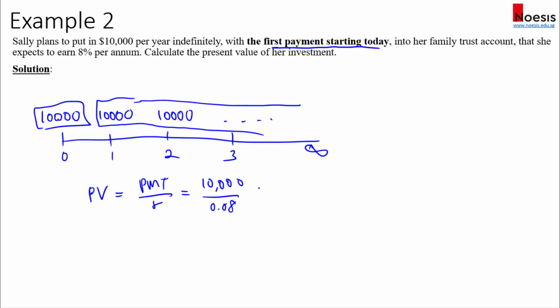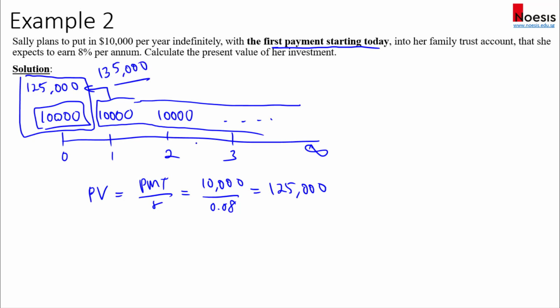If I apply this again, I'll get 125,000, and this PV will be at time 0, which is the previous period. Then with this additional 10,000, we just have to add it in. So that will be equals to 135,000. The total present value will be 135,000. So just be very careful on this small little detail.